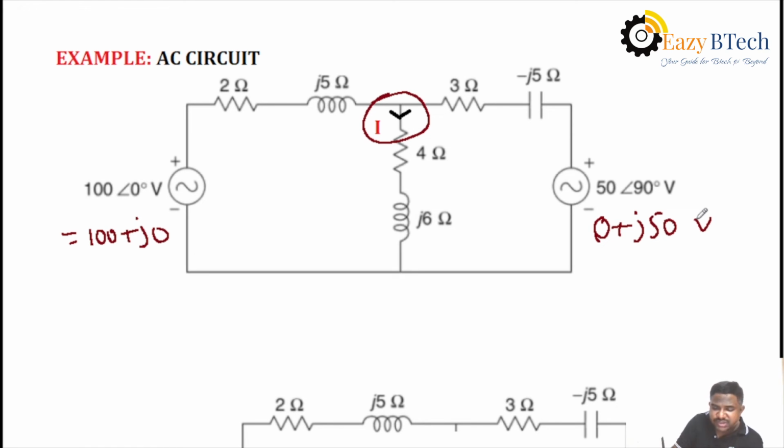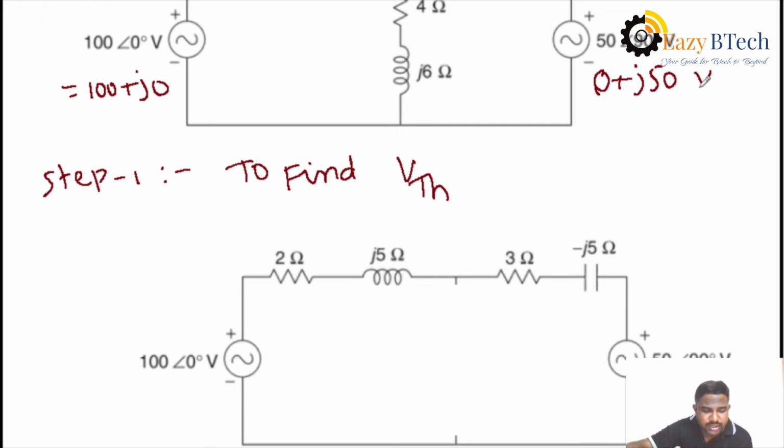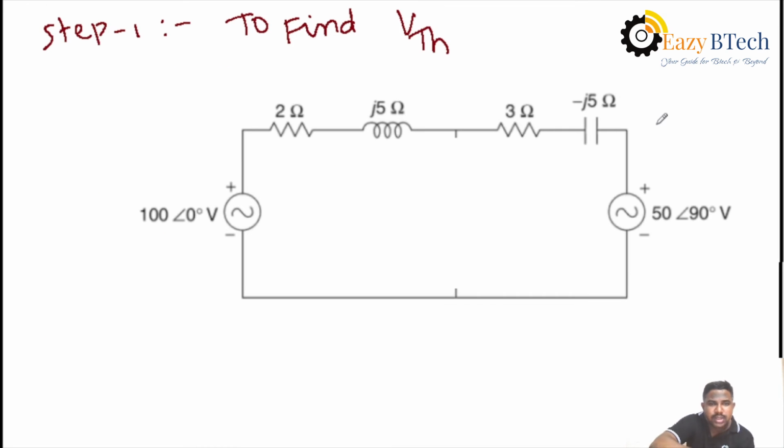Then, what is the first step? Already we know. To find out Thevenin circuit, what is the first step? To find out Thevenin's voltage. How to find Thevenin's voltage? Wherever you want to find out the response in the given circuit, that element is, first of all, to be eliminated.